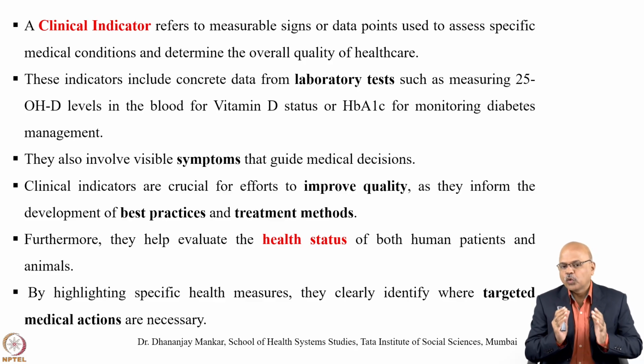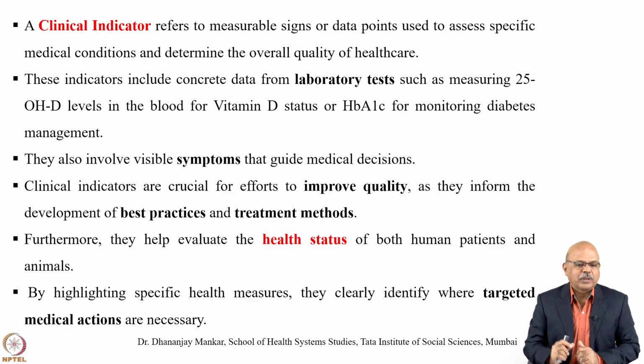These also involve visible symptoms that guide a medical decision, which is very important to focus on. Clinical indicators are crucial for efforts to improve quality, as they inform the development of best practices and treatment methods. Most of the hospitals praised for best practices and treatment methods are said by medical physicians to work better on clinical indicators.